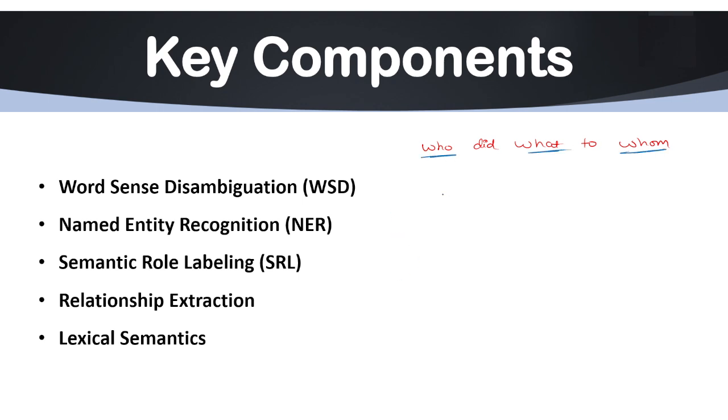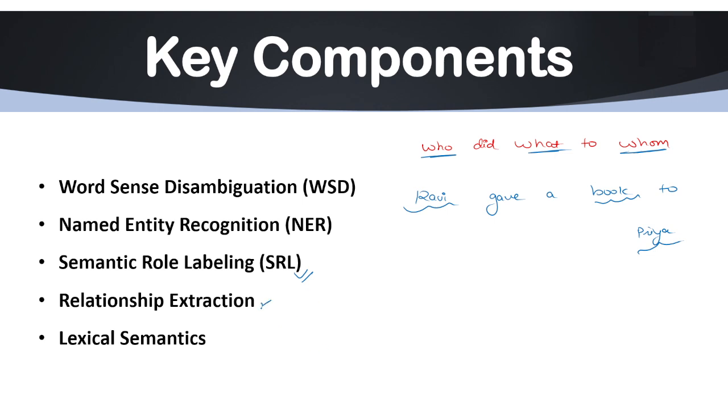For example, Ravi gave a book to Priya. This is an example of semantic role labeling. Here, Ravi is the giver, book is a thing that is given, and Priya is the receiver. So, semantic role labeling: who is doing what? Ravi is giving a book to Priya. Clear?